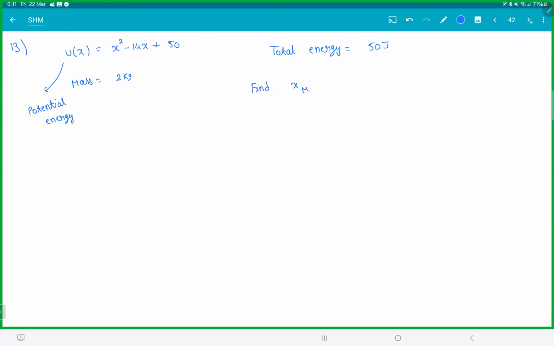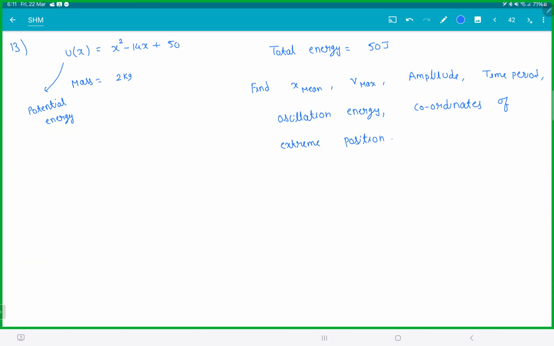Find x mean, find V max, find amplitude, find time period, find oscillation energy, coordinates of the extreme positions. Let's get this.